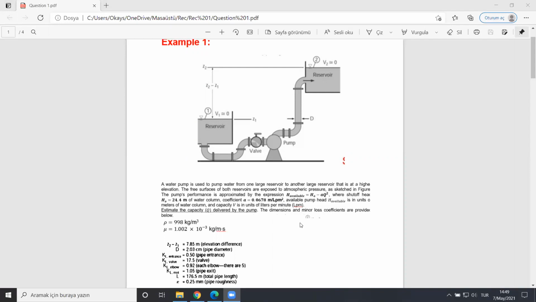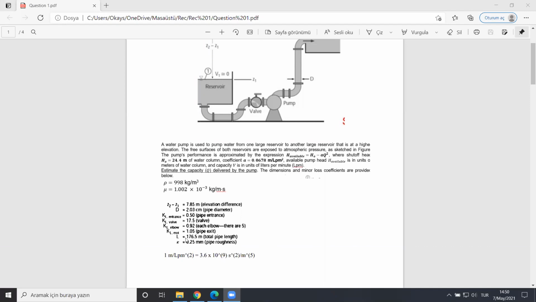The dimensions and minor loss coefficients are provided below. Also, the density and the viscosity of the fluid are given to us. The elevation difference, the diameter of the pipe, the K values for the entrance, valve, and the elbow are given. The total length of the pipe is given. And lastly, the pipe roughness is given to us.